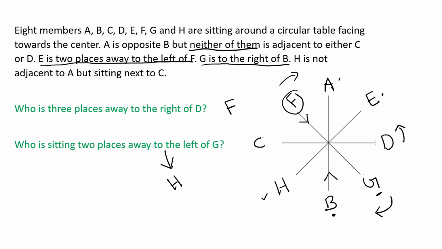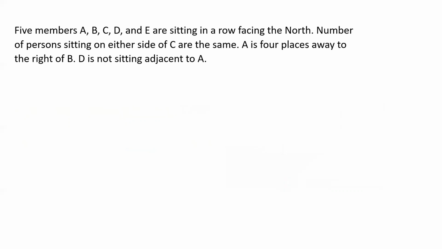Let's move on to the next one. This time, this is about a linear arrangement. There are 5 members, 1, 2, 3, 4, 5, sitting in a row facing the north.